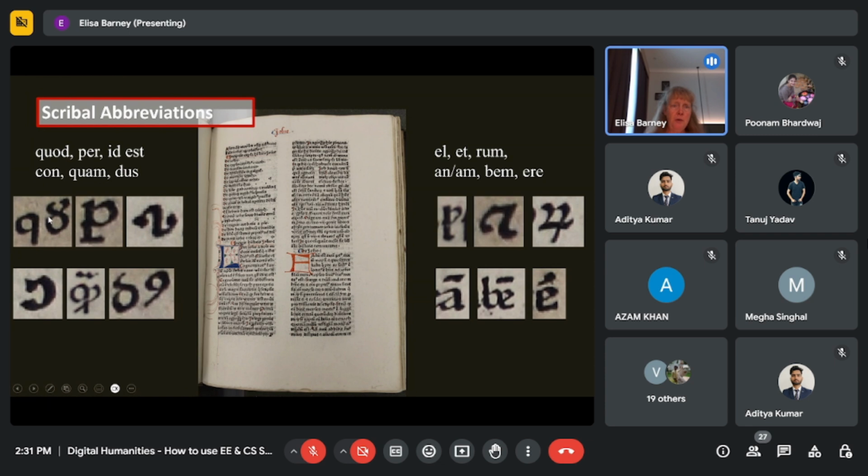So this Q with this 8-ish symbol is a symbol for the word quod, which is a Latin word. This P with an extra long bar under it is for the 3 letters PER, as in period. This thing that looks like an S on its side is 2 words, id est. Con, which means with, looks like a backwards C, etc., etc. Lots and lots of different symbols that stand for more than one letter.